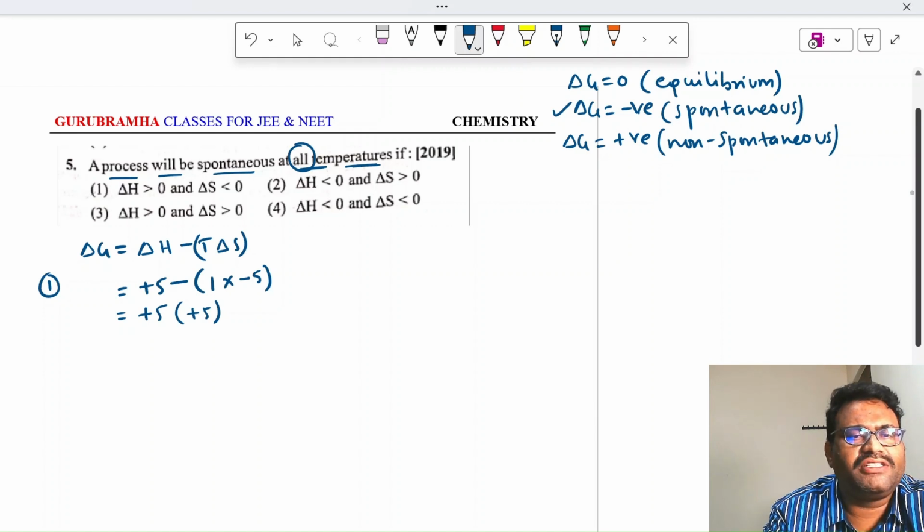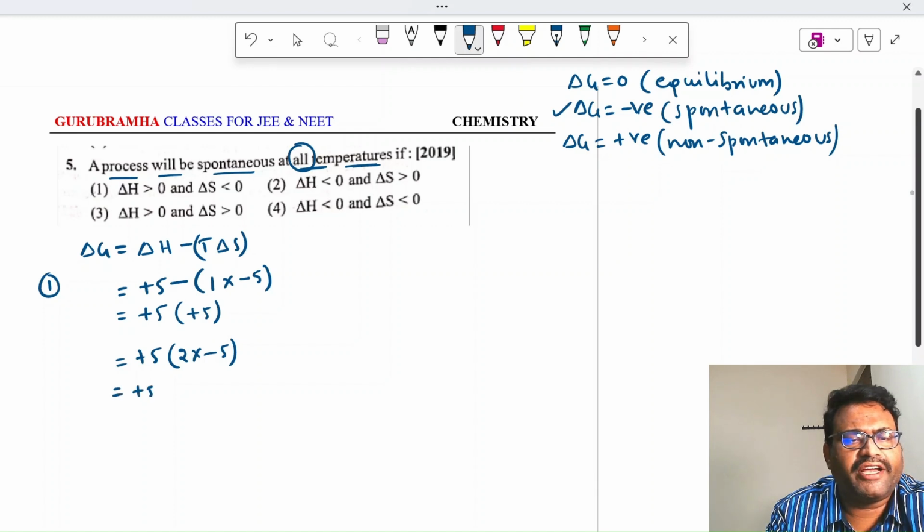At all temperatures he is mentioning. What is that? At all temperatures. So you are mentioning 1 here. Let us go with some 2. That is plus 5, 2 into minus 5.